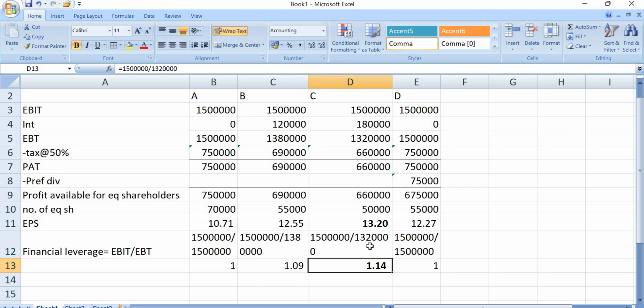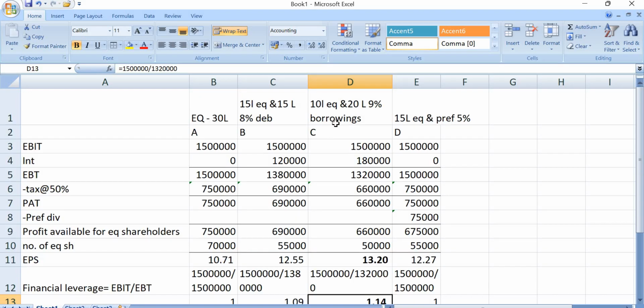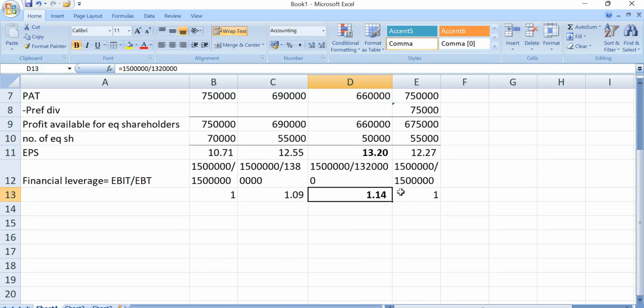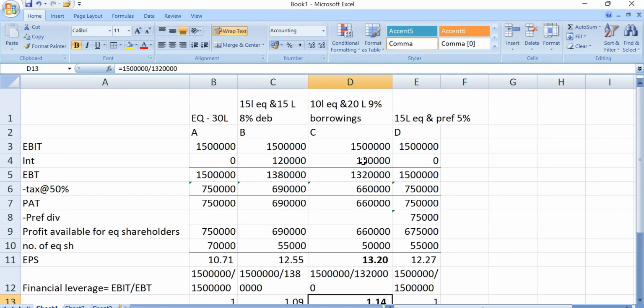So I will suggest plan C, that is 10 lakhs equity shares and 9% borrowing, so that we can have a higher EPS and higher financial leverage. But this plan also has a lot of risk, because we are going to take so much in borrowings, right?